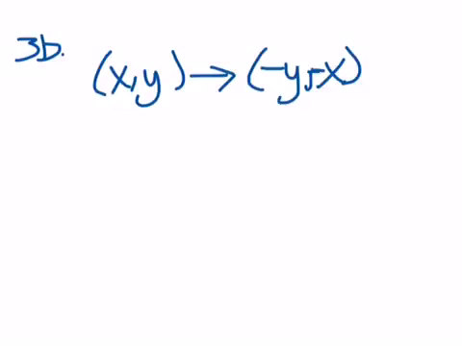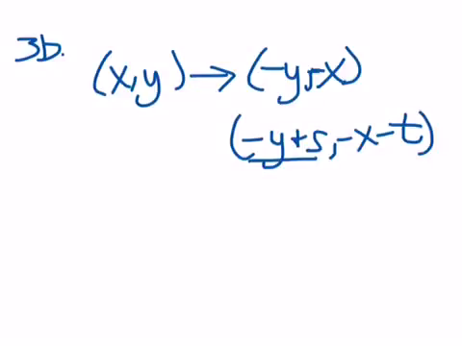Then you're going to go S right, so that's plus S to your first coordinate, even though your x coordinate is now a y. And then T down. Down is your second coordinate movement, so it's going to be minus T. So that's B.